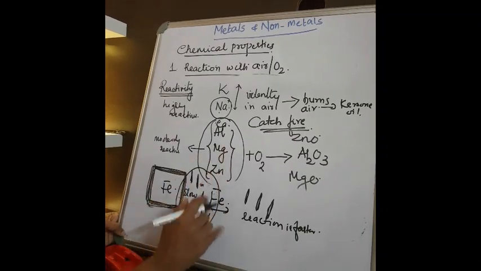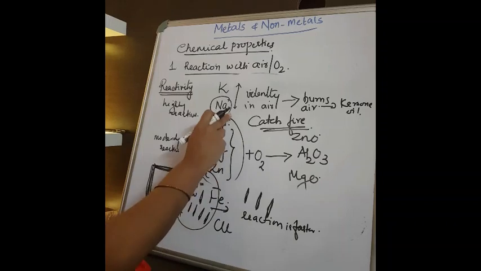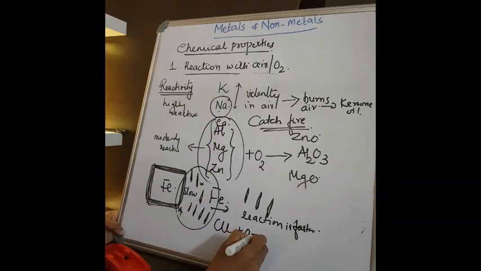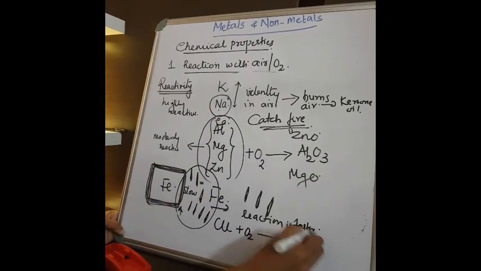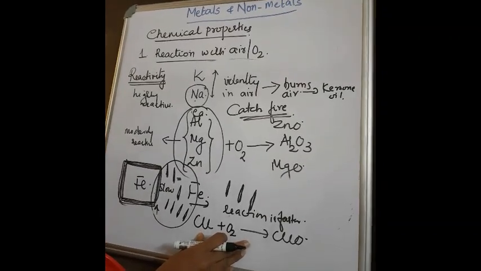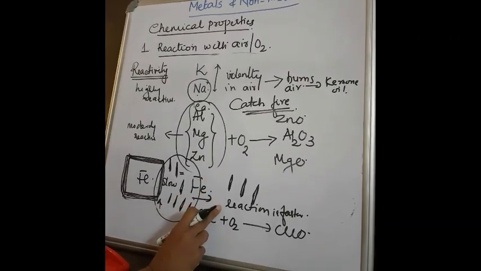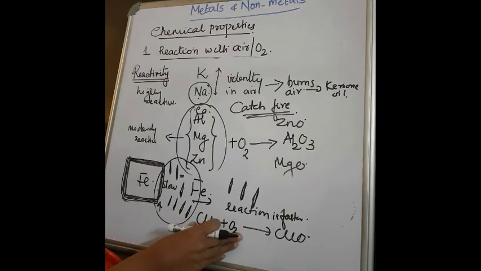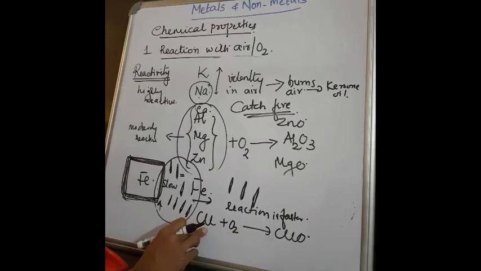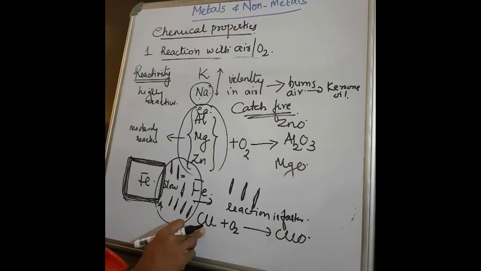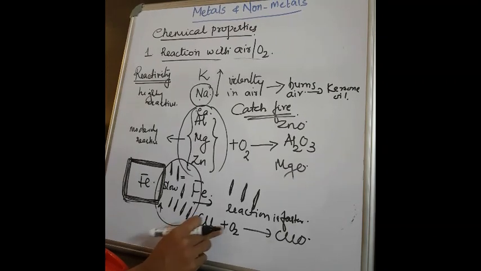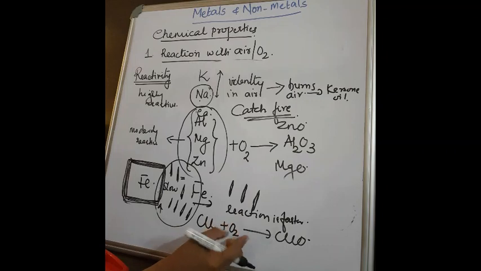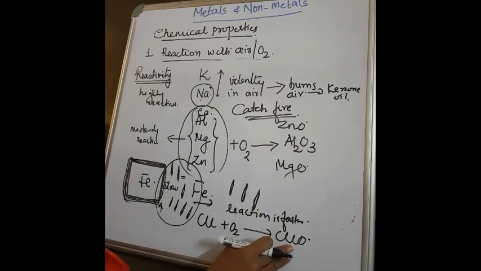Then if you take copper as an example, copper on reaction with oxygen will form copper oxide. But remember, in the last chapter, when we studied oxidation, I showed the case of copper. Do you remember? When the reddish brown copper is burned in a crucible or a china dish, what was the color of the copper oxide?